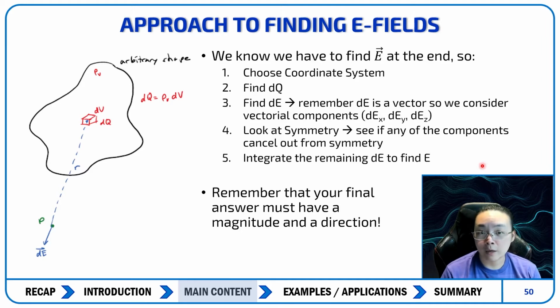But once we learn Gauss's law, it will become a lot easier. So for now, we have to start from scratch, but at the very end, we can use Gauss' law to save us a lot of time. And of course, at the very end, when you're presenting solutions for electric fields, remember electric fields are vectors. Your answers must have a magnitude and a direction.